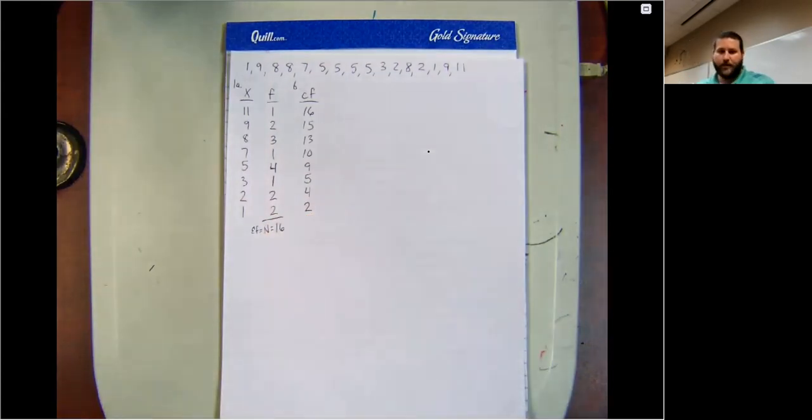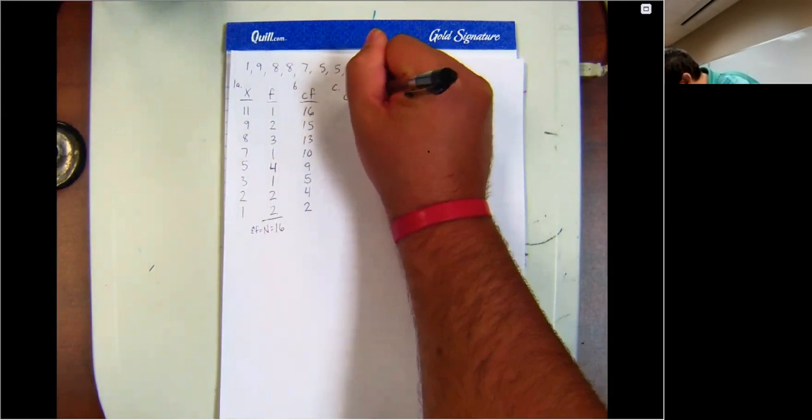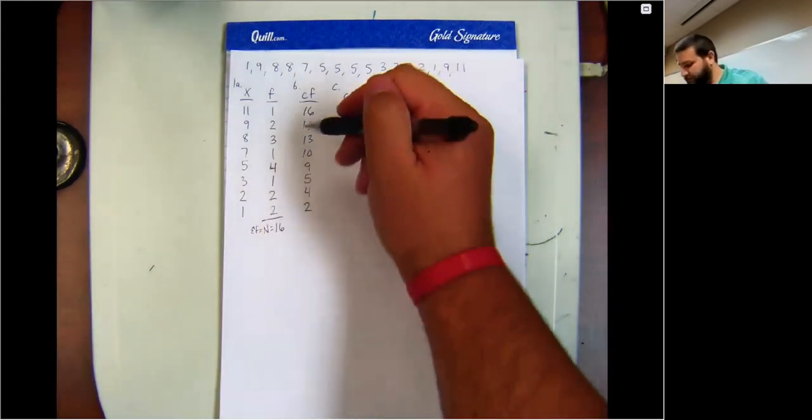So that's 1B. Okay, 1C now is to make a cumulative percent column for each score in the data set. So C percent is our column. And remember that cumulative percent is just cumulative frequency divided by N times 100. So we have our cumulative frequencies.